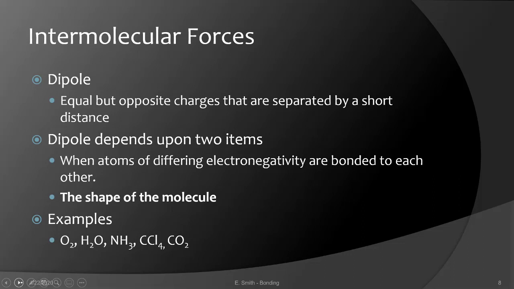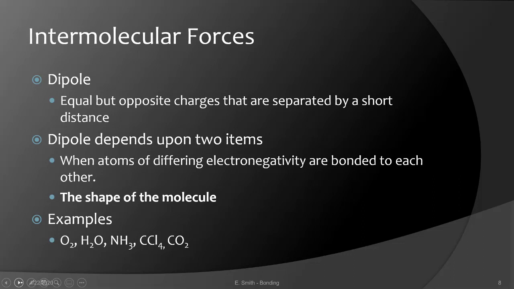The shape of the molecule, all right, as well as the differing electronegativities. So I have a couple examples that I want to run through, all right? I've got oxygen, O2. I've got water. I've got ammonia. I have a substance you've probably never heard of, which is carbon tetrachloride. And then also we have carbon dioxide.